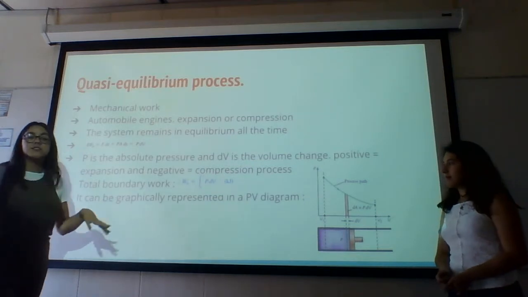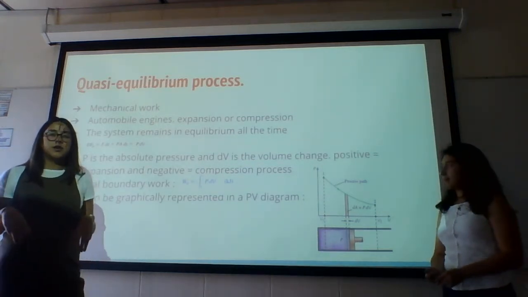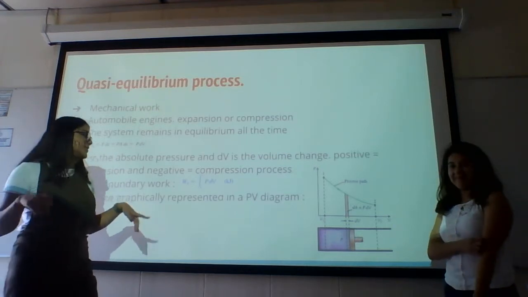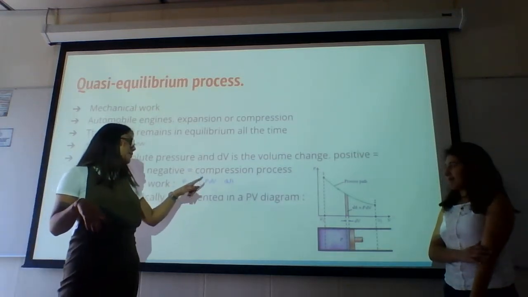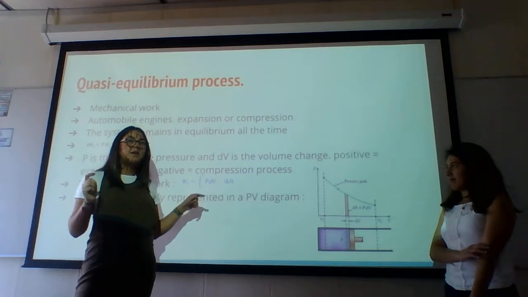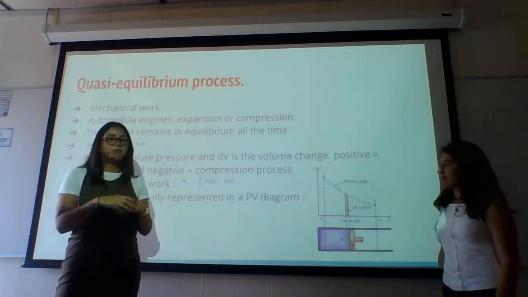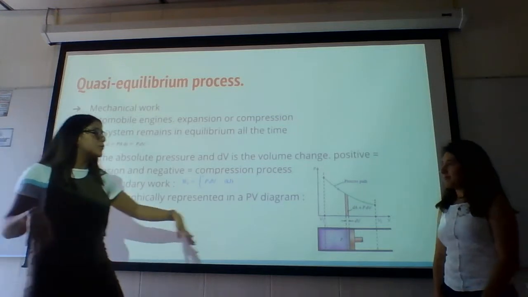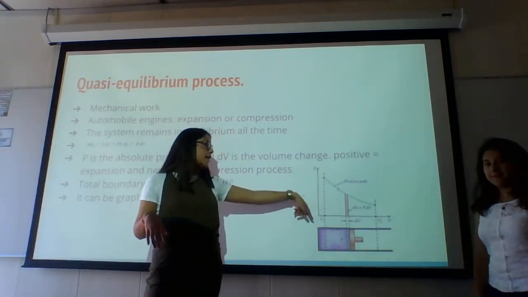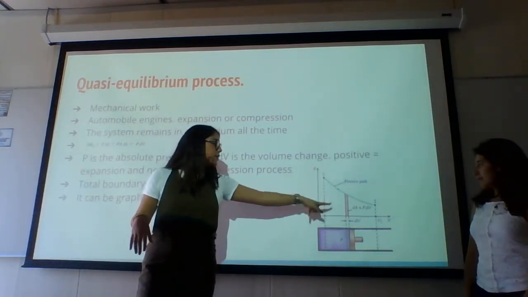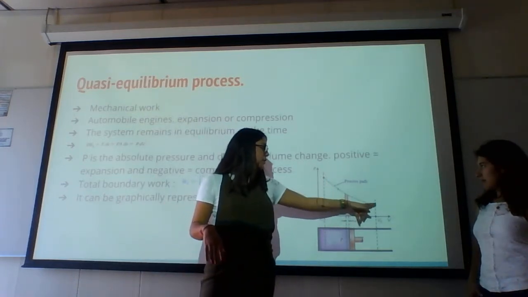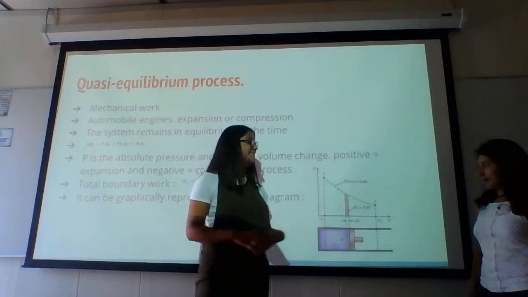So the total boundary work that we're going to denote WB is the integral of the pressure times the differential of V from 1 to 2. That's going to be the difference of volume. And we can represent it graphically in a PV diagram like this one, in which it's going to change depending on the process path.